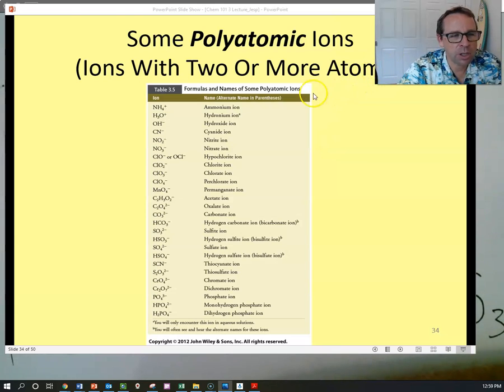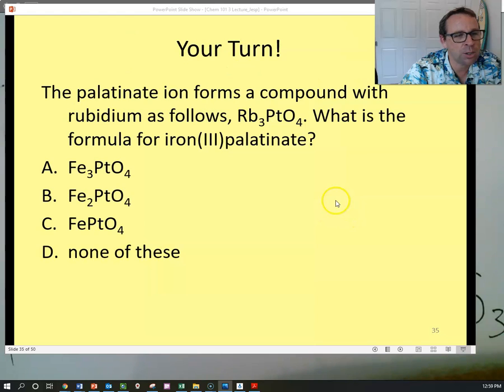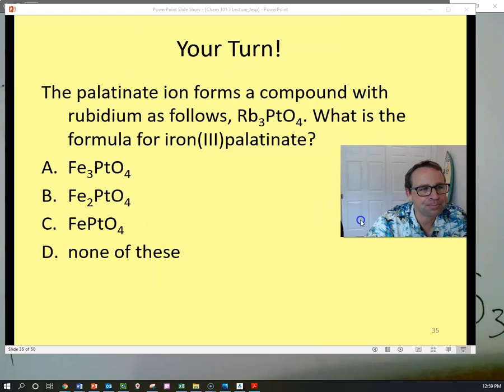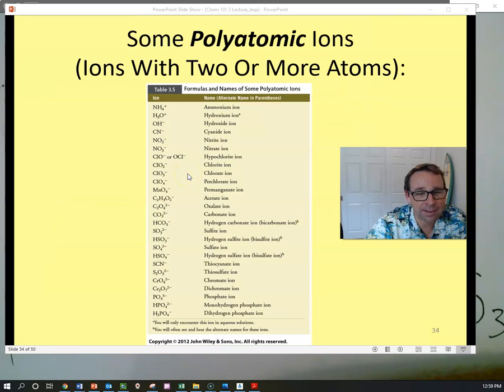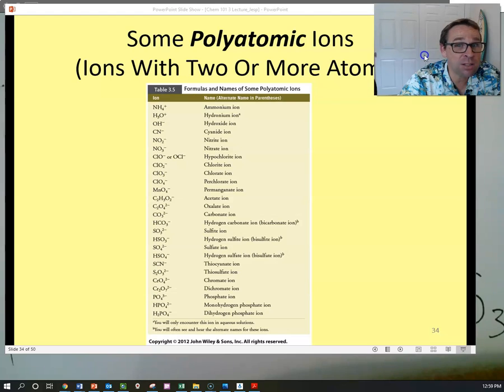All right. Very good. So our list of polyatomic ions. Here it is on the back of our periodic table as well. And it's going to be helpful for us to look for those whenever they are introduced to us. Okay? I should note that this is not an exhaustive list.